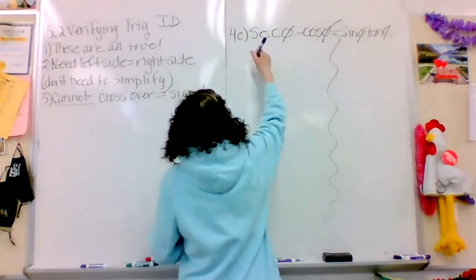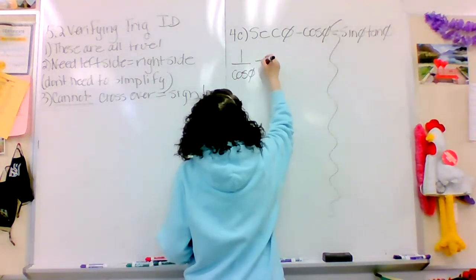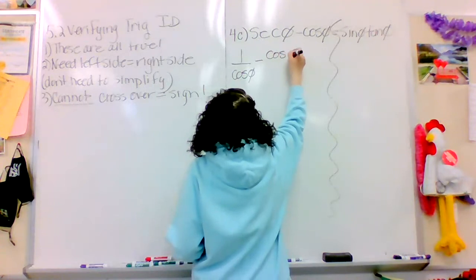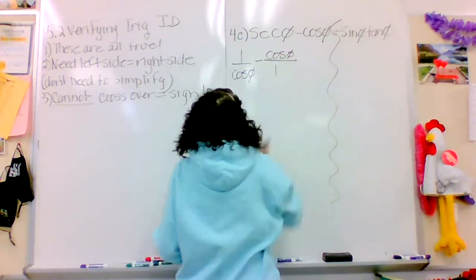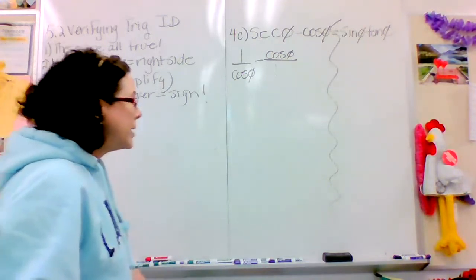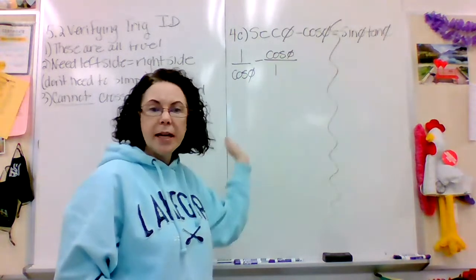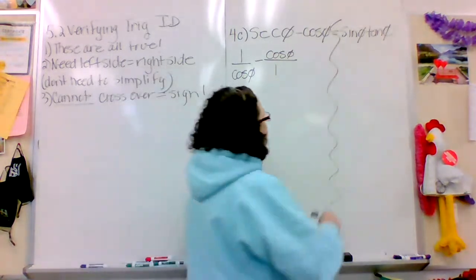Let's take a look. Secant is 1 over cosine of phi, minus cosine, which I'm going to keep. I'm going to write that as cosine over 1. Now, again, separately, I'm not crossing over by multiplication, addition, or subtraction to both sides.